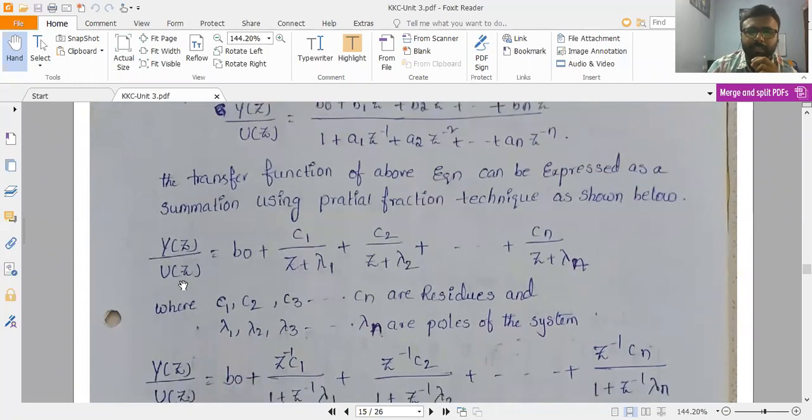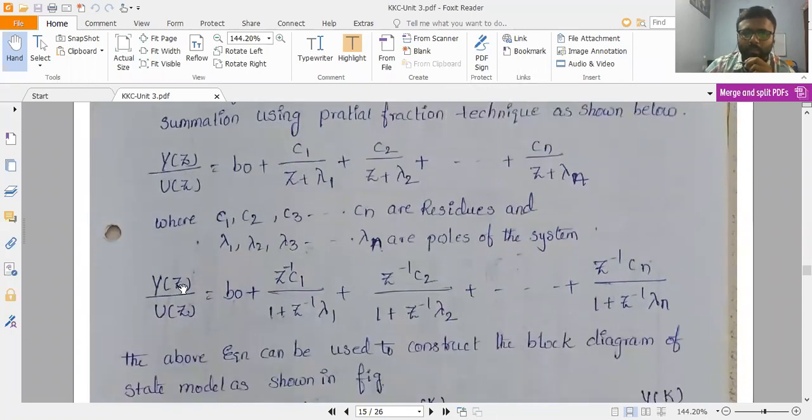Let us represent this transfer function in negative powers of z. Therefore, this transfer function is rewritten as Y(z)/U(z) = b0 + c1 z^-1/(1 + z^-1 lambda1) + c2 z^-1/(1 + z^-1 lambda2) and so on up to cn z^-1/(1 + z^-1 lambda n).